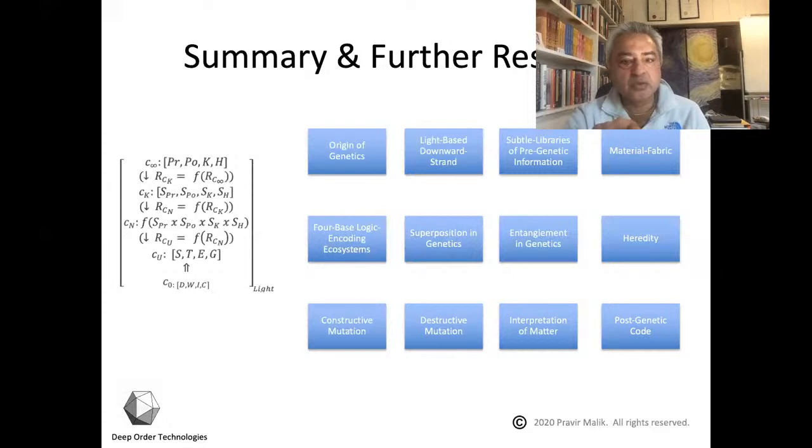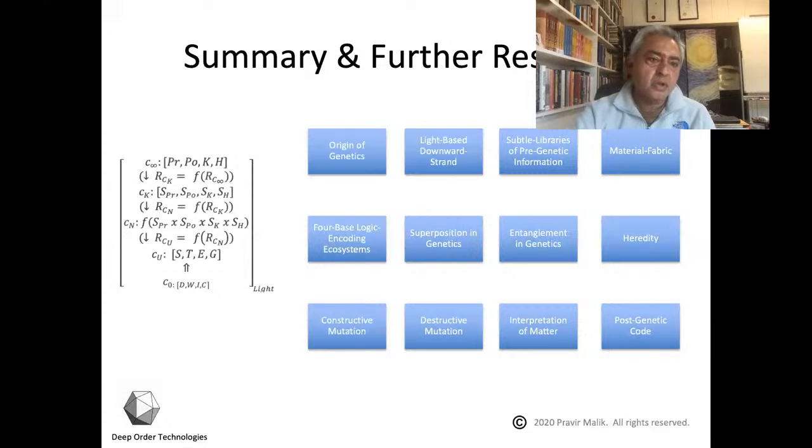From this point of view, finally, we can see that just as there was pre-genetic code that exists perhaps in the material fabric and genetic code, we can also see that due to a persistent quantum level computation, we may reach a reality of post-genetic code, which is some hybridized structure that perhaps has subtle elements also as part of it, as depicted by this light matrix.